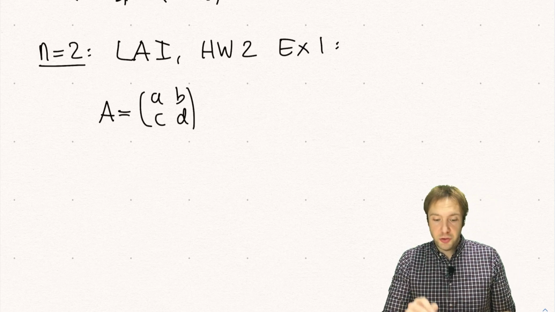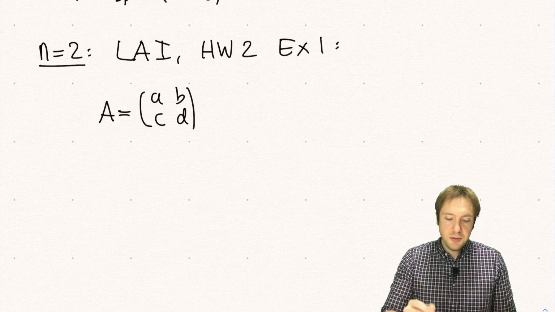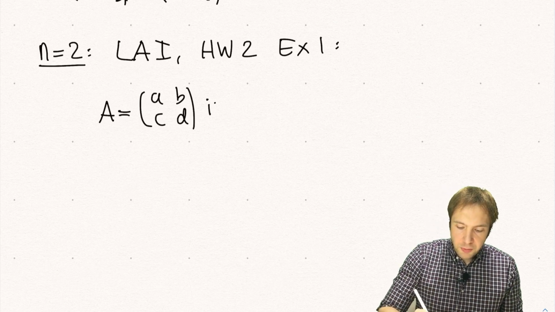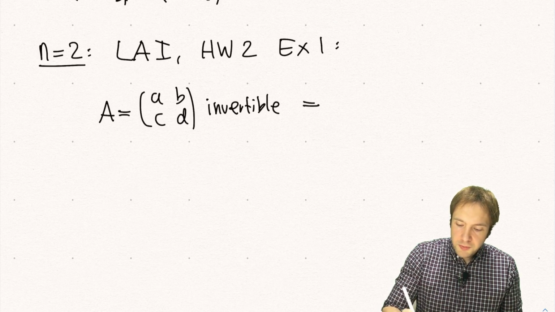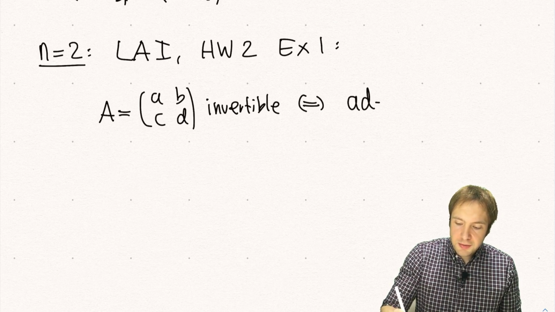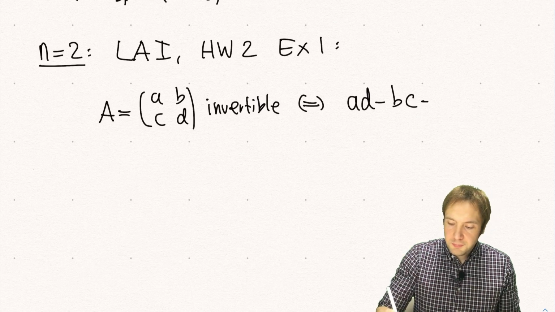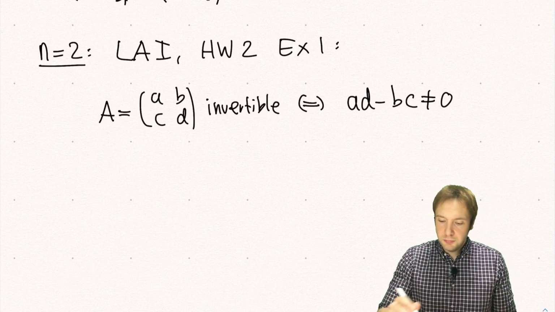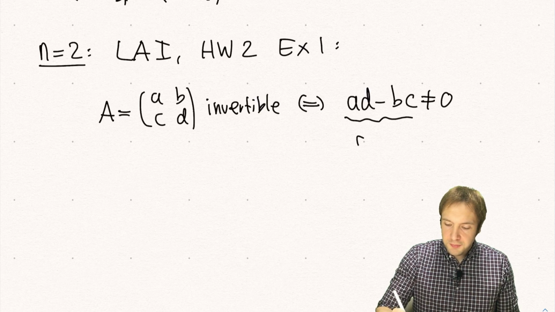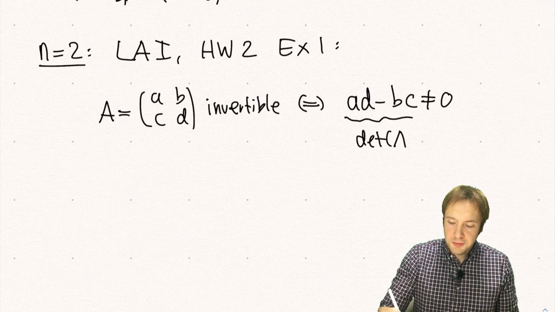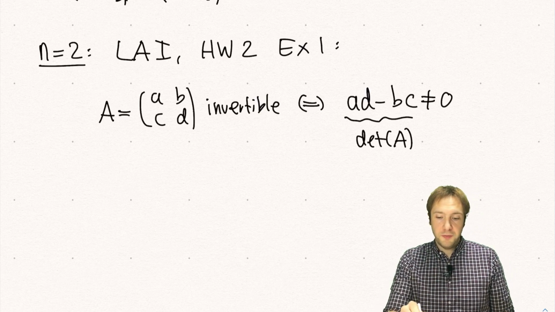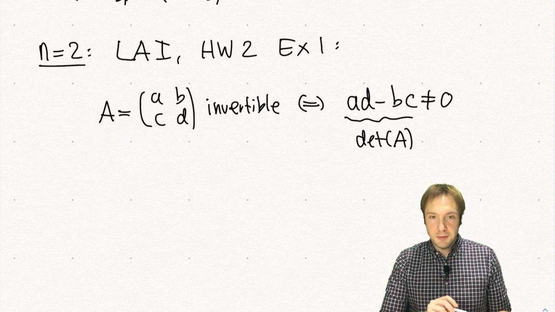Well, in this exercise you showed that the rank of this is 2, but then later we learned that full rank means it's invertible if and only if the number AD minus BC is not 0. And of course this will then, as we will see later, be the determinant of this 2 by 2 matrix ABCD.